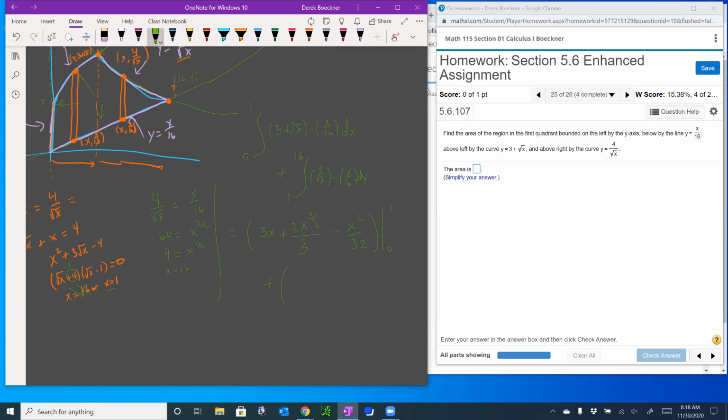Plus, we're going to evaluate 4x to the 1 half divided by 1 half minus x squared over 32. And this one's evaluated at 1 and at 16. Plug in 0 here, you get 0, 0, and 0. So I plug in 1, I get 3 plus 2/3 minus 1/32. Plus, that's actually an 8, right? 8 x to the 1 half minus x squared over 32 at 1 and 16.